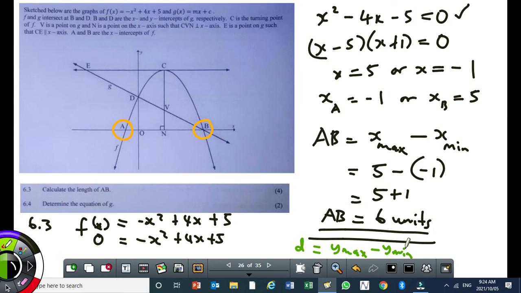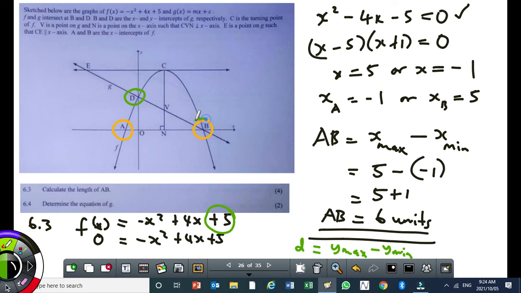Then the next question says, determine the equation of g. Now we need to find the equation of the straight line. To find the equation of the straight line, you need the gradient. I'm sure you are aware that the y-intercept of the parabola is here, and that y-intercept is equal to positive 5. You can identify it by inspection.